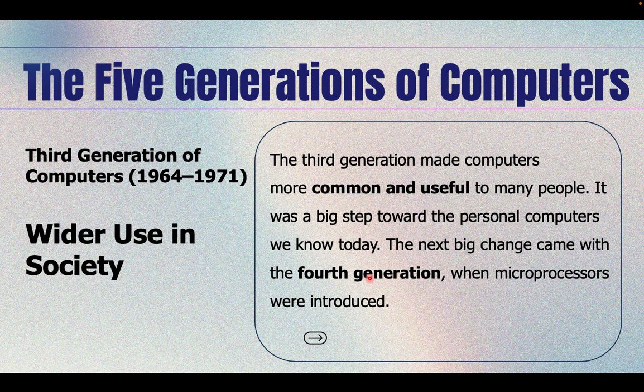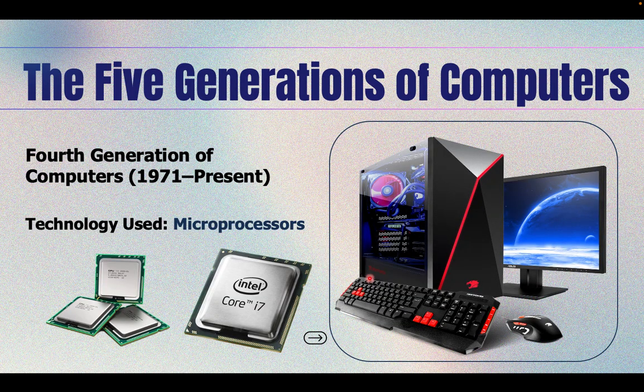And the big step forward that will be a game changer is getting the computers to be used by people to have their personal computers so that they can use it in their homes for their personal gains. Then we talk about the fourth generation of computers, that is from 1971 to today.